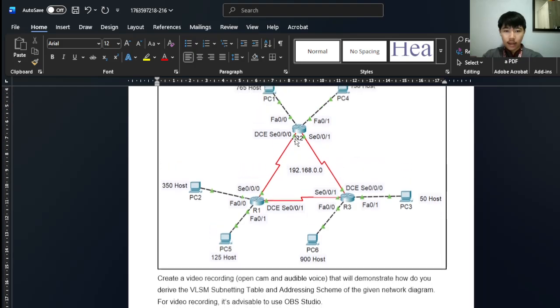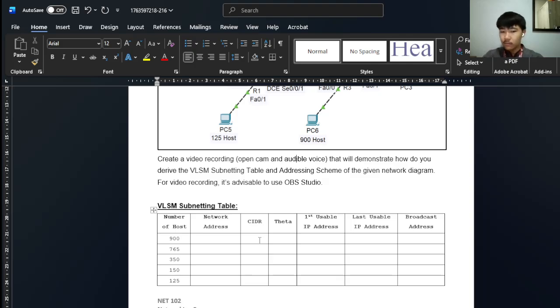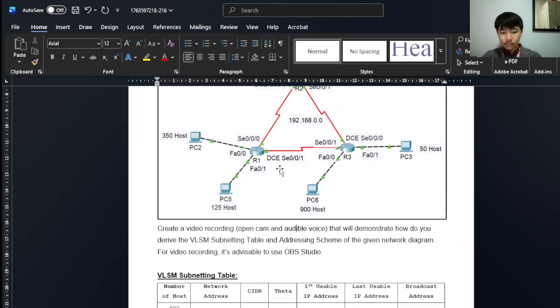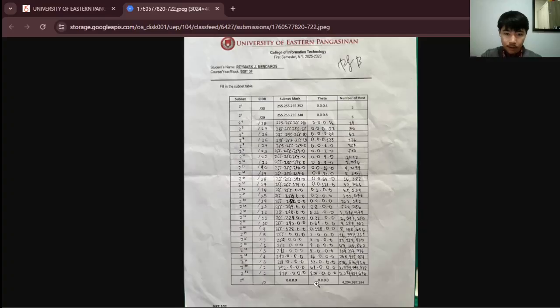The next thing that we're going to do is to get the CIDR. In order for us to know our CIDR, we're going to check the activity that we submitted previously. This is my activity from the subnet table.